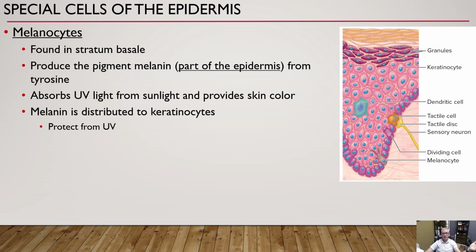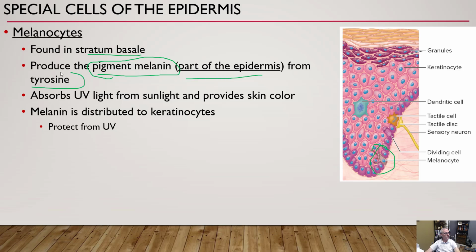So melanocytes, if you've ever heard of melanin, what provides skin color. So melanocytes down here, found in the stratum basale layer, that basement membrane layer, they're going to produce that pigment melanin. Again, part of the epidermis.